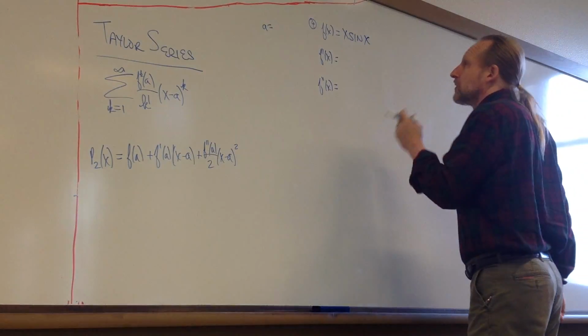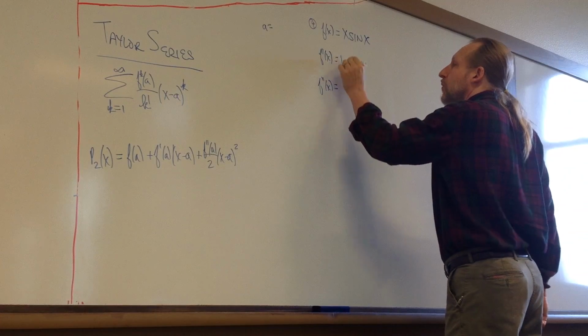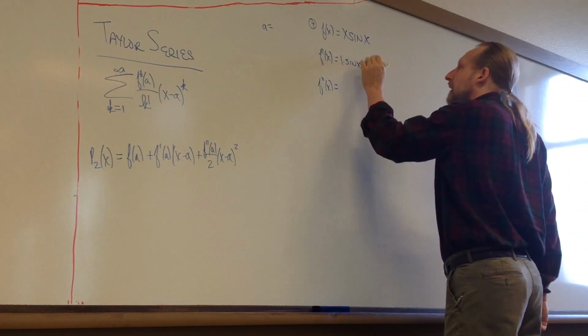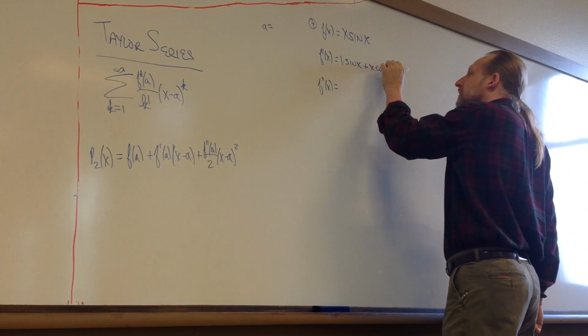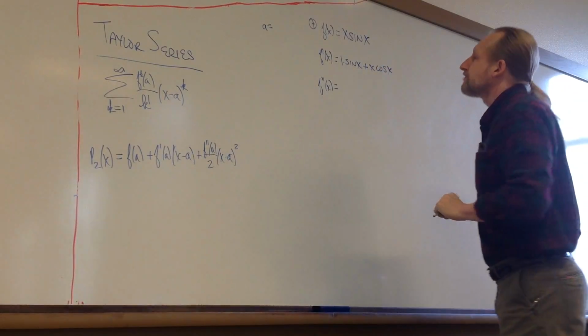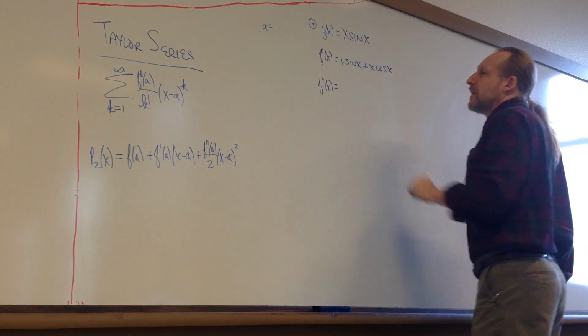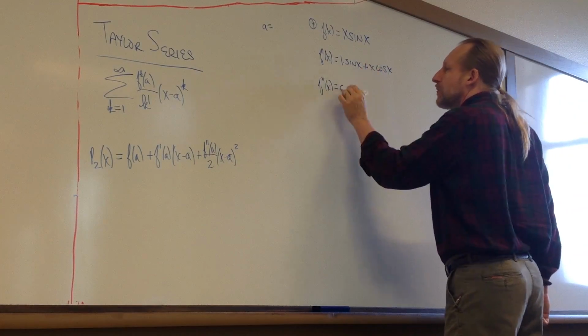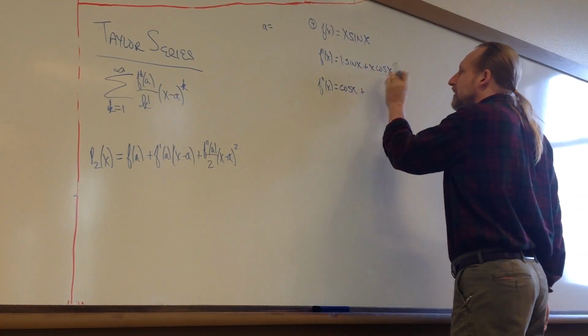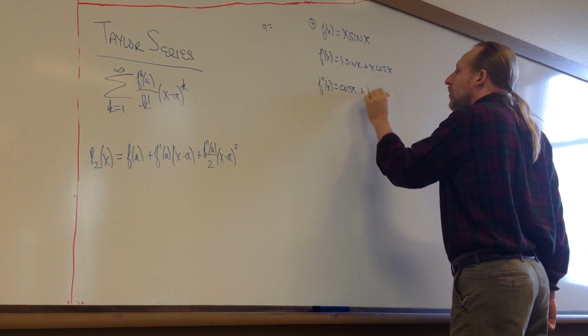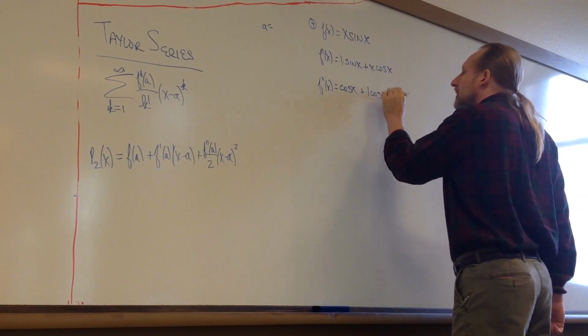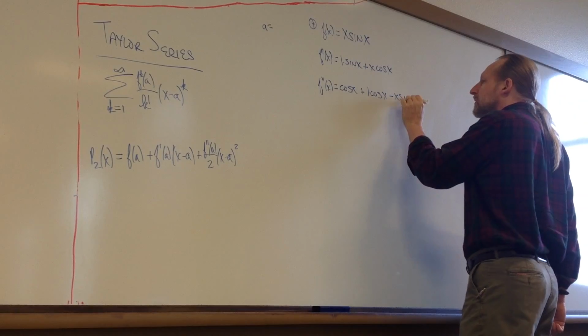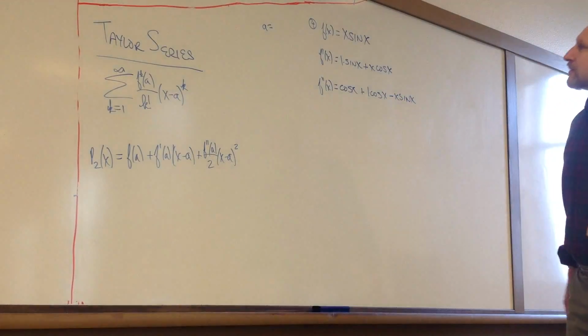Our derivative will be 1 times sine x plus x times cosine x. Then our second derivative will be cosine x, and then we need the product rule on this one, 1 times cosine x, and then minus x times sine x.